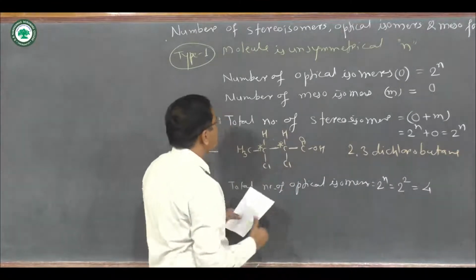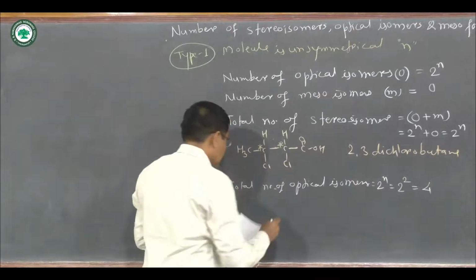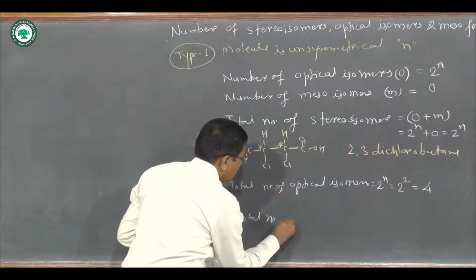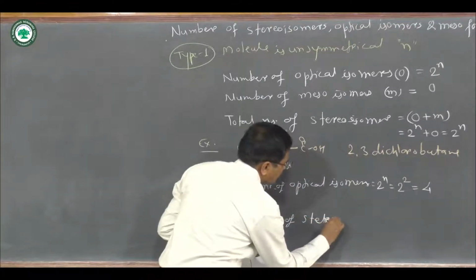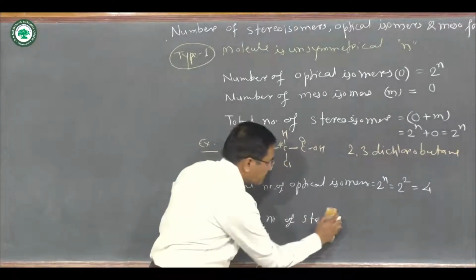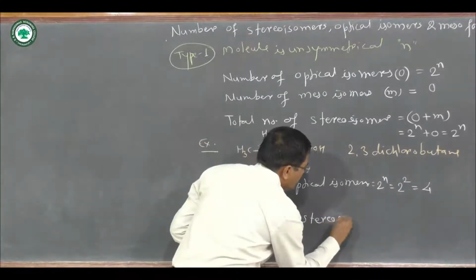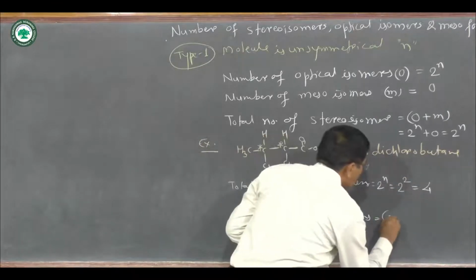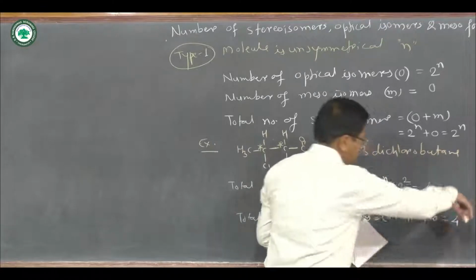And you know very well that the number of meso isomers is 0. Then the total number of stereoisomers equals O plus m, so 4 plus 0, that is 4.